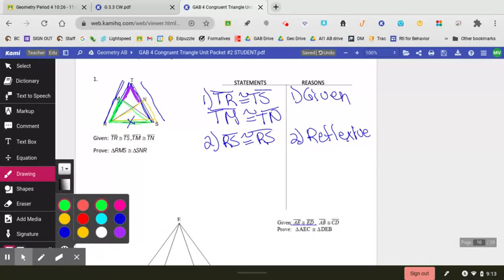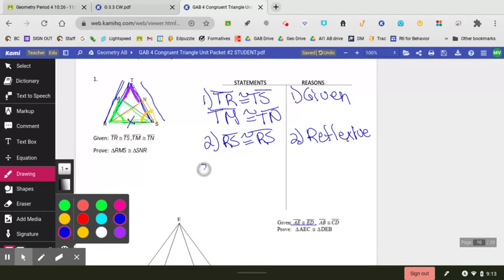And the angle TRS is part of my green triangle, and the angle TSR is part of my yellow triangle. And because they're across from congruent sides, I know those two angles are congruent.